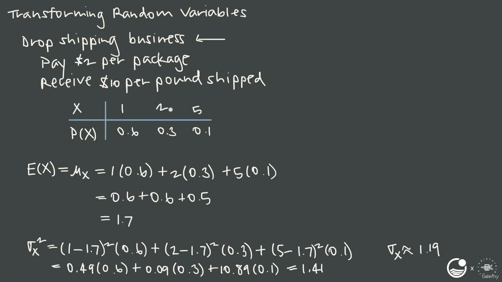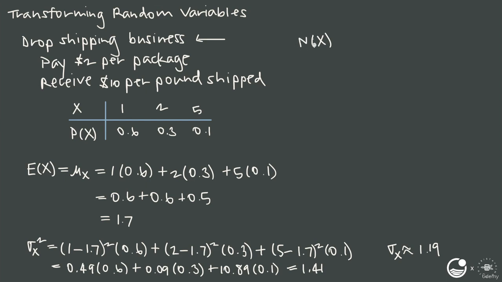But remember, the whole idea here is that we want to figure out how much money we're making when we're getting paid per pound of product, but we're also sending the manufacturer $2 for every individual package that they give us to ship. So what we could do is set up a net gain equation. We'll call it capital N for net. We'll think about this as profit or loss.